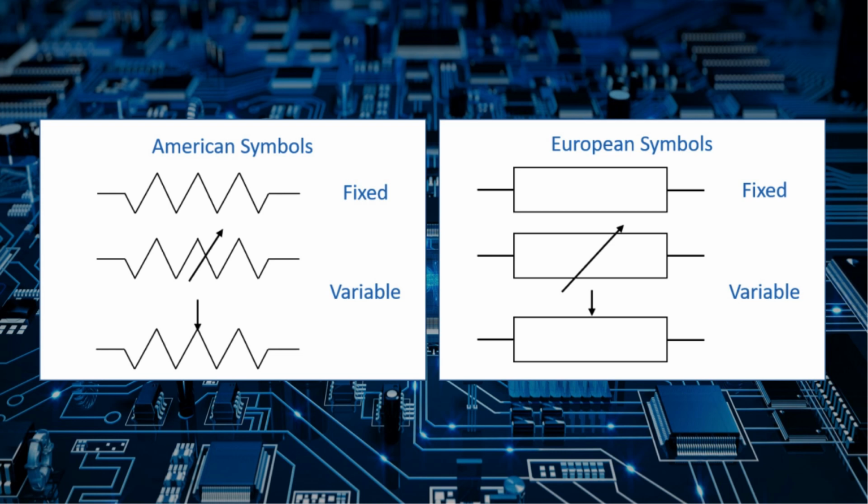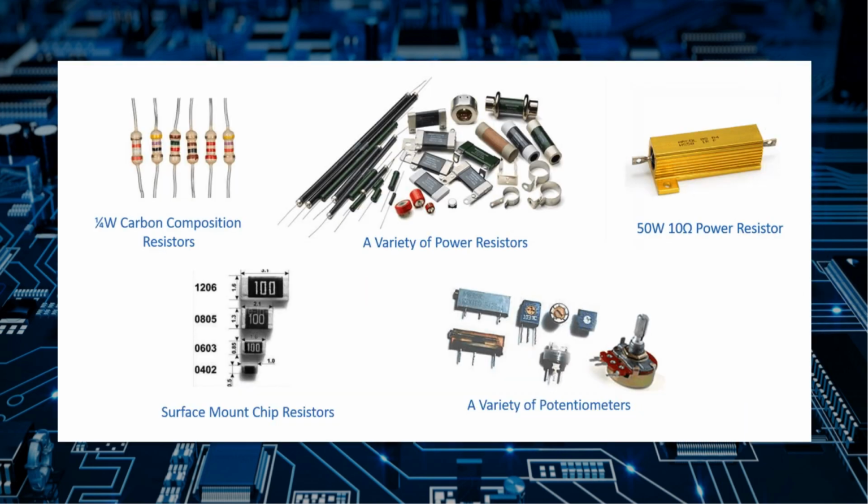There are both American symbols and European symbols for resistors, and then different symbols for a fixed resistor versus a variable resistor or potentiometer. Resistors are available in many different values, power ratings, and tolerance. The tolerance indicates how closely the actual value of the resistor, which is normally measured with an ohm meter, matches the specified resistance.